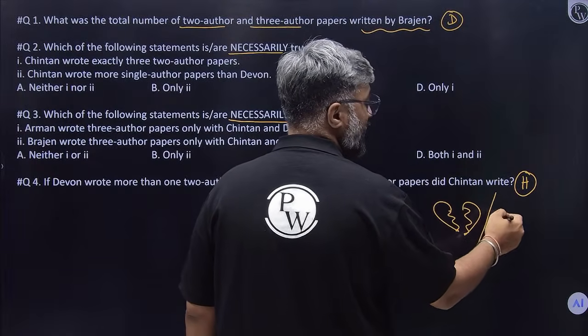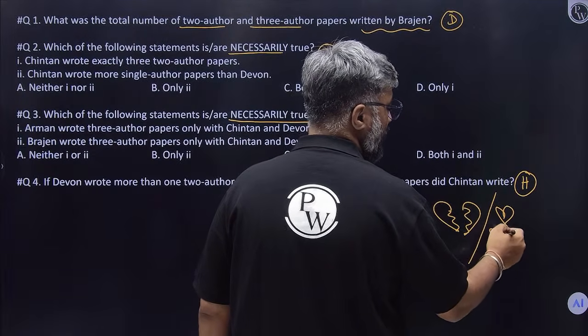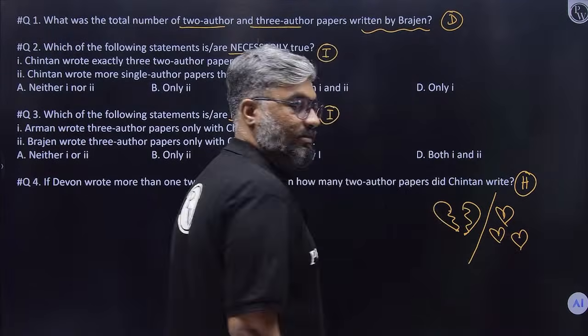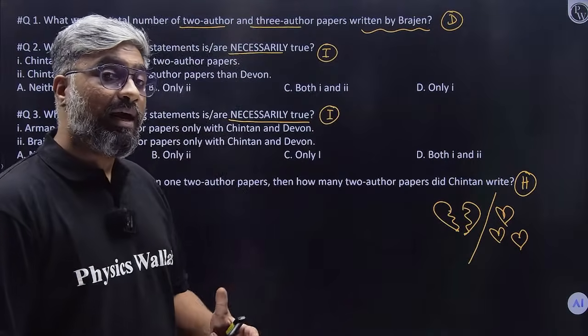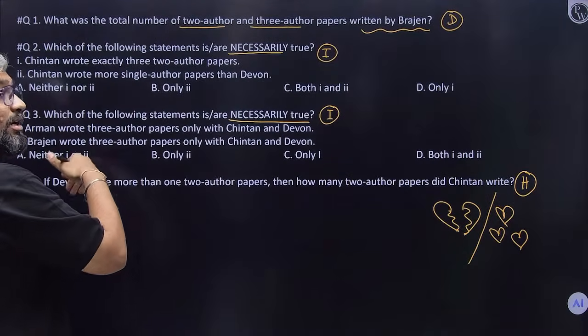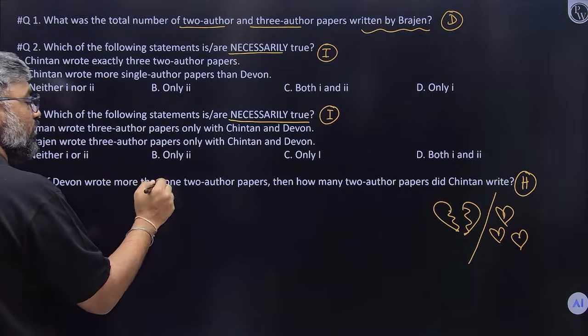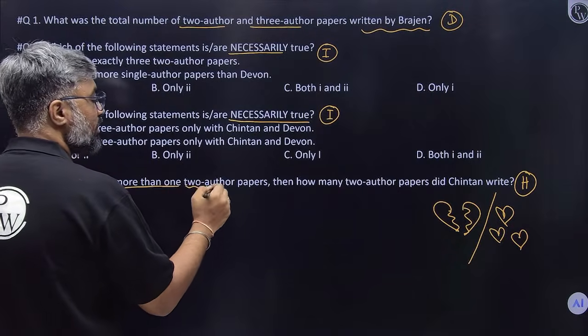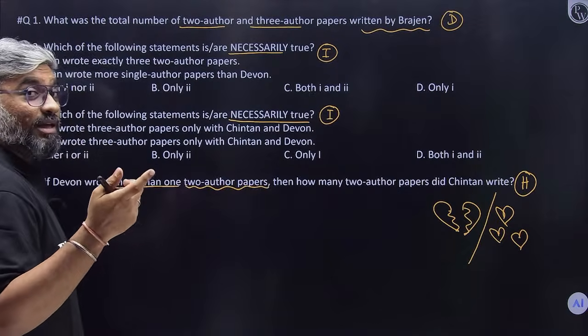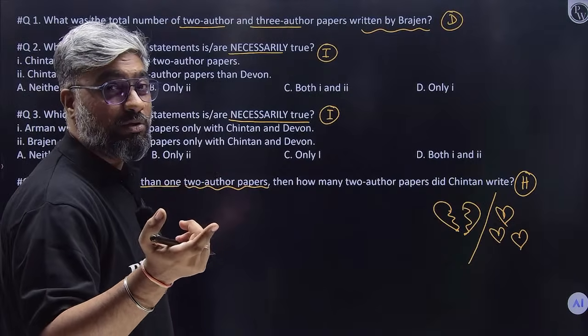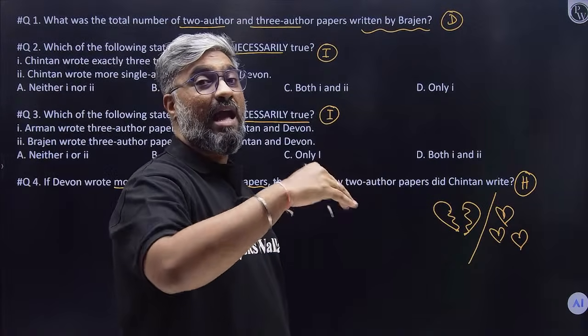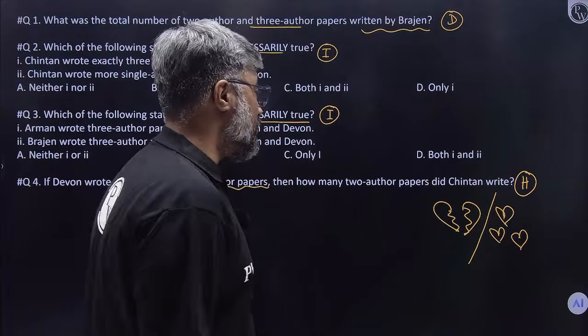It will either be an incomplete arrangement or it would be multiple cases. Why? Because they are giving a condition here. They are saying that Devon wrote more than 2 author papers. That means there could be multiple cases with less than 1 and more than 1 possibilities there.